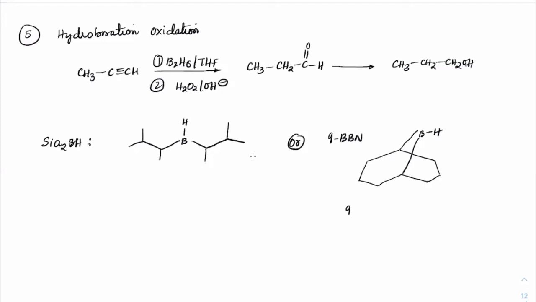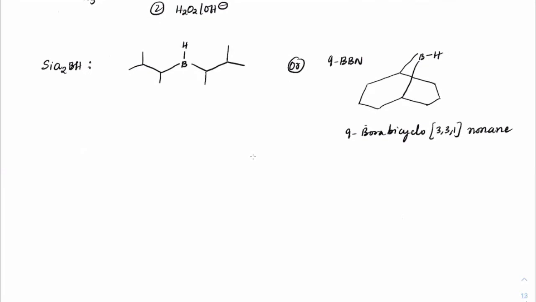This is actually 9-borabicyclo[3.3.1]nonane, the IUPAC name of 9BBN. So 9BBN and SiA2BH are better reagents to be used instead of directly using B2H6.